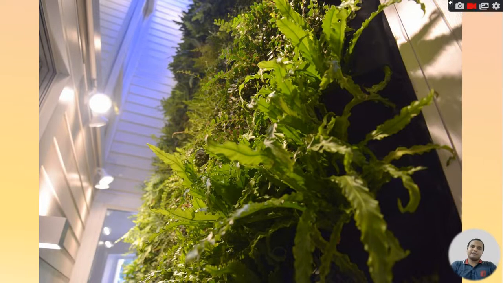In this picture also you can see the light is projected at the bottom of the vertical garden and the reflection goes upwards and creates a very nice pattern of vertical view.